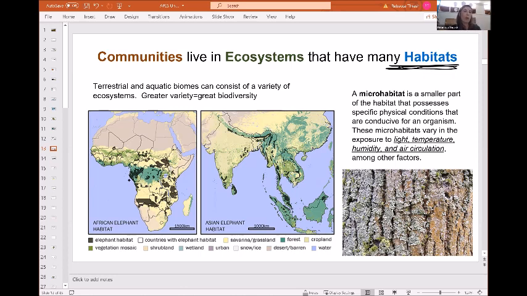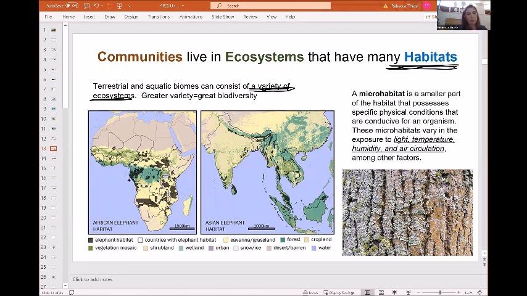And the more habitats that you have, the greater the variety of the ecosystem. Generally, that means that we've got greater biodiversity. More things can be sustained in those different niches. So for instance, I've got an example here for the African and Asian elephant habitats.